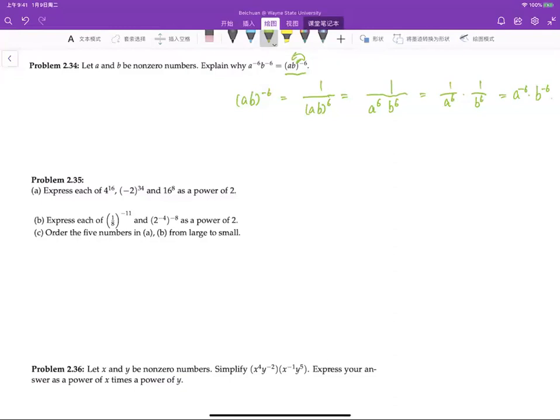So usually we start from something with the parentheses, because that means you can apply some rule or some properties to simplify it, or say to rewrite it. So that's why we show it from the right side to the left side, right? Because if you start from the left side, it's not obvious what you can do.